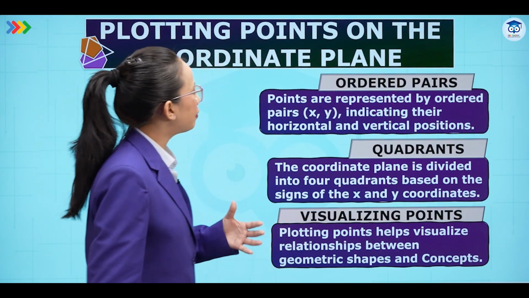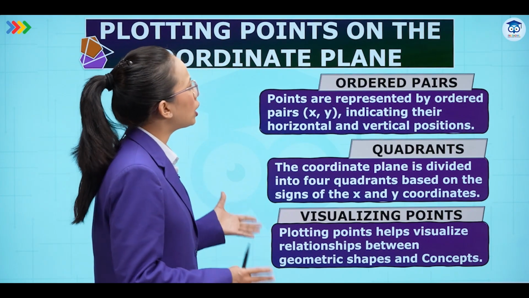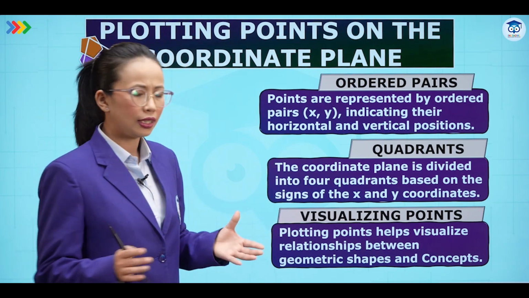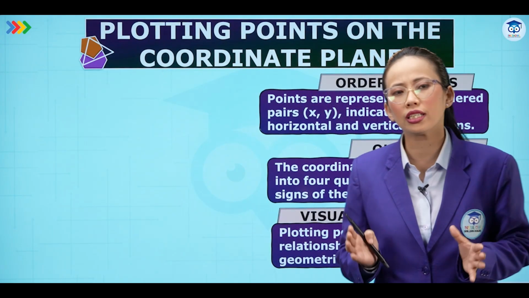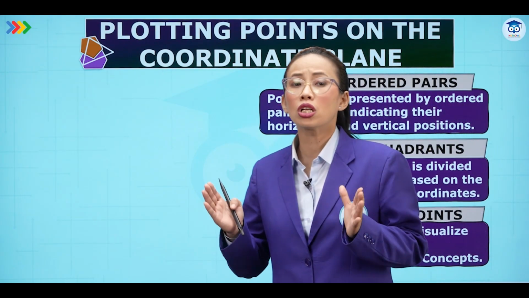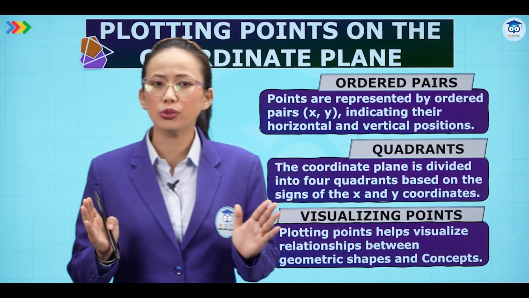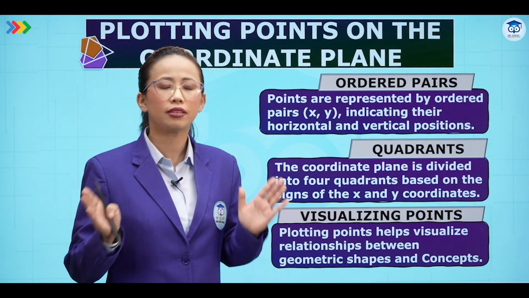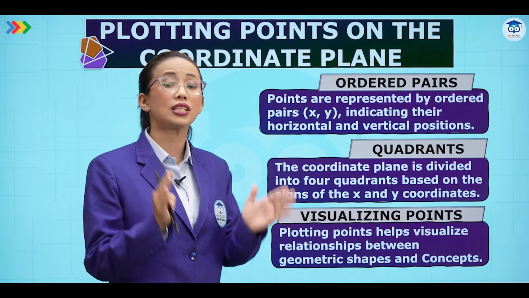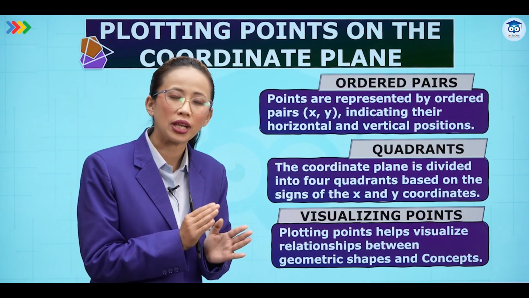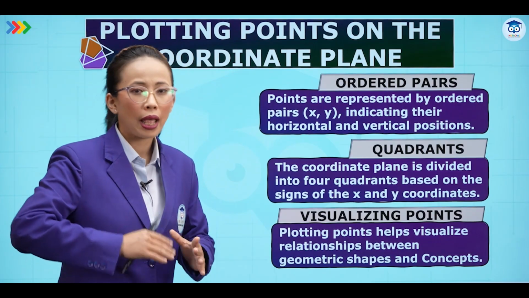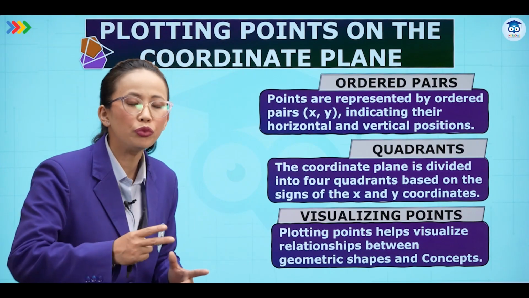Next, this is why we call it an ordered pair. The coordinates that we are going to consider here are called an ordered pair because it consists of two values and it is ordered. Means the first value is always the x coordinate and the second value is always the y coordinate. Therefore, it's called an ordered pair, because we have two values.